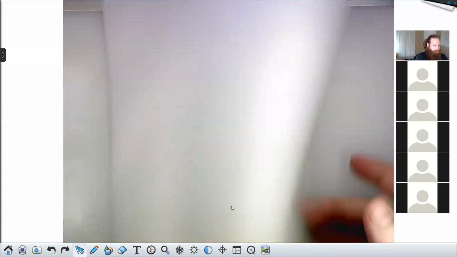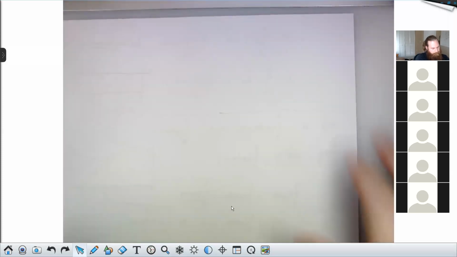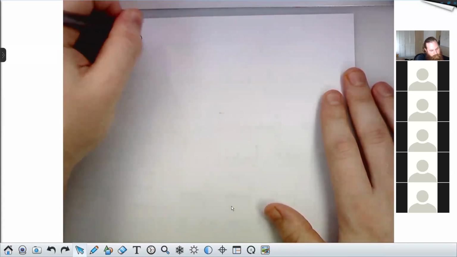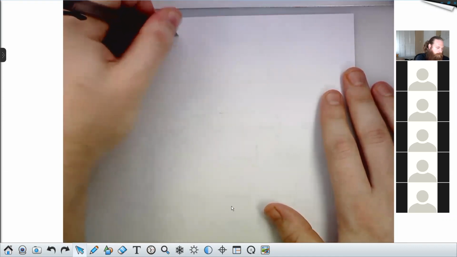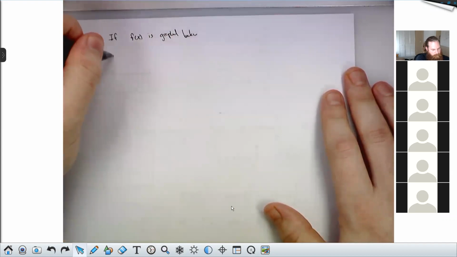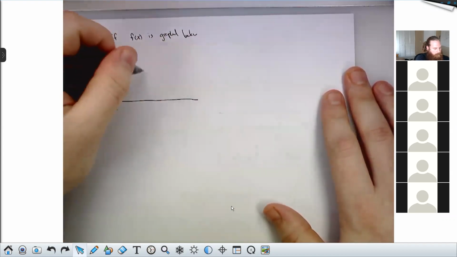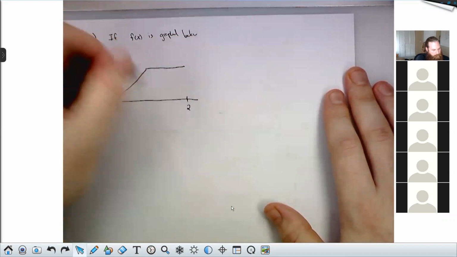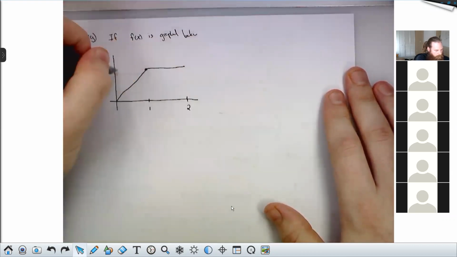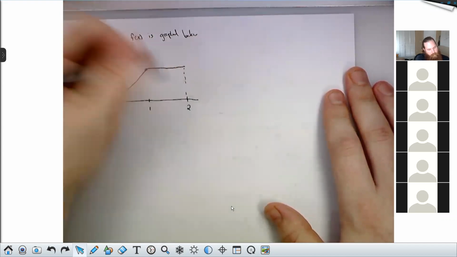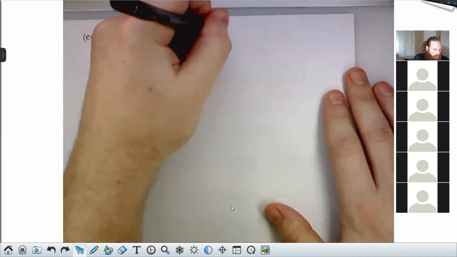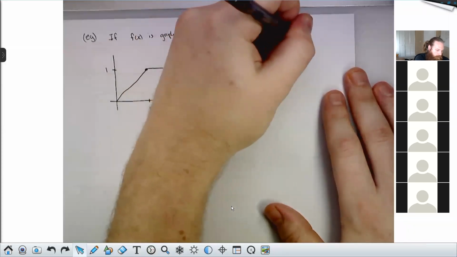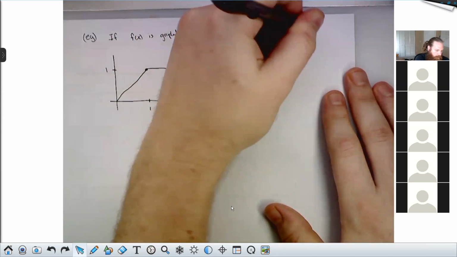Marching right along. If f of x is graphed below, what is the value of the integral from 2 to 0 of f of x dx?